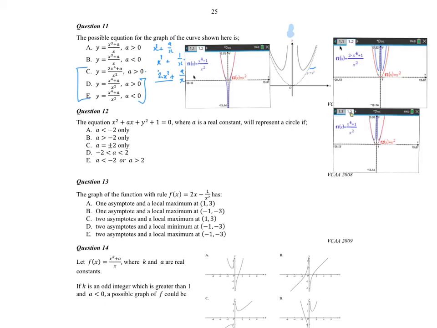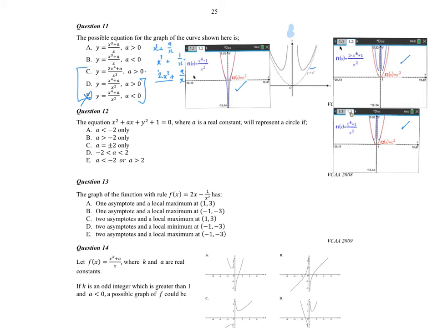So I've added the three that I thought were feasible. x to the 4 minus x squared, you can see the significance of the negative sign there. So a is not going to be less than 0. So that really leaves you with c and d, the 2x to the 4 and x to the 4. And they both seem quite reasonable, okay?